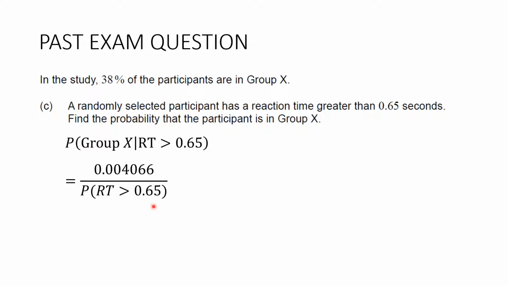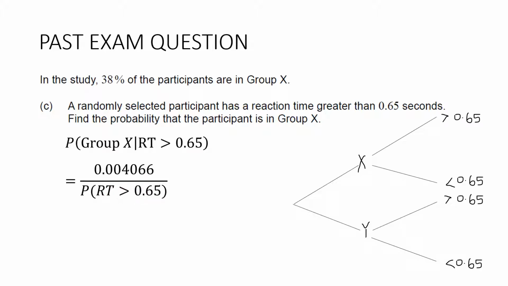So what is this? This is the probability that anybody chosen has a reaction time greater than 0.65. Because we've got two groups, we're going to have to do a tree diagram for this. So we've got group X, group Y. Group X could have a reaction time greater than 0.65 or less than. And then from group Y could be greater than 0.65 or less than.